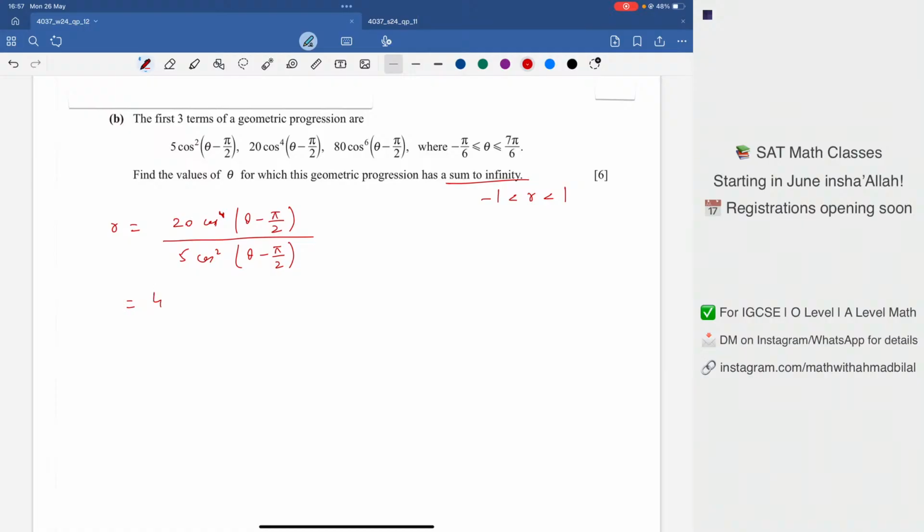That gives you 4. Cos raised to power 4 over cos square, that's just cos square. 4 cos squared theta over cos square of theta minus pi over 2. That's the ratio that we end up getting from this.